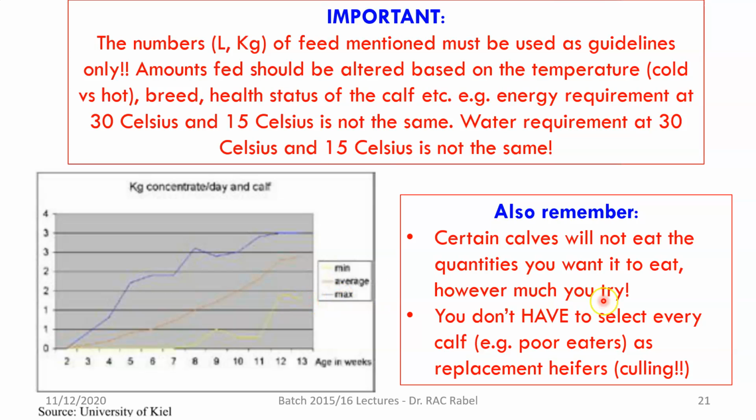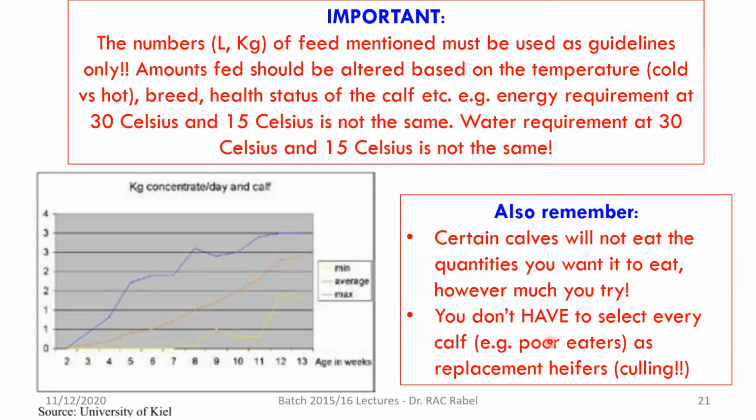Whatever you do, they will just not eat. This is where selection and culling comes into play. Those who don't perform, however much you try, should not be selected for further growth and breeding.